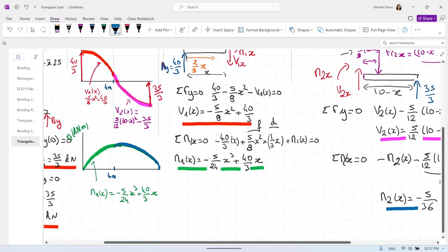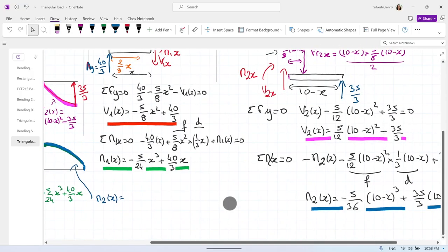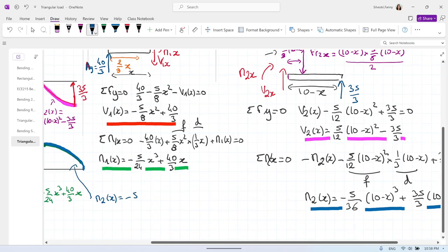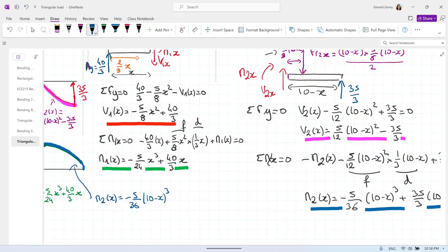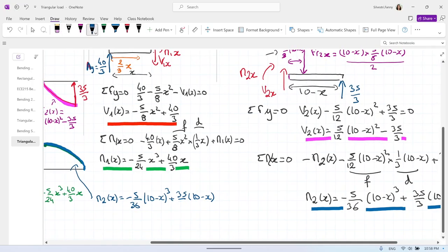And you see when x equals 10, we have 10 minus x everywhere, so that will be 0. So this equation is M2 of x equals minus 5 divided by 36 times (10 minus x) cubed plus 35 divided by 3 times (10 minus x). So, long equations, but they kind of make sense.